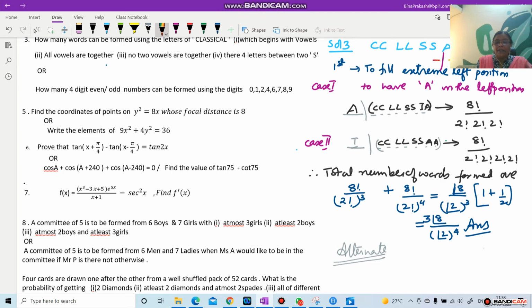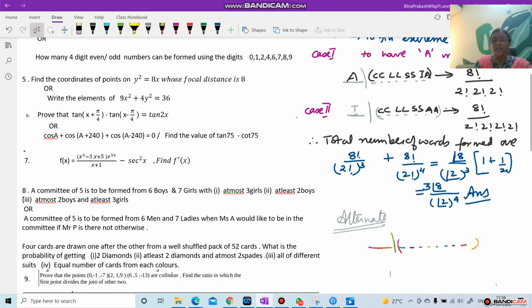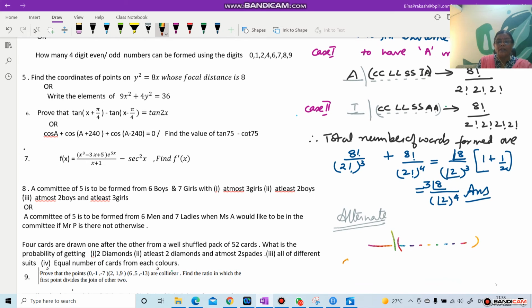We have identified that we have to fill in the extreme left by one of the elements A and I. So we assume that there are two different A's. In that case, how many choices do we have for the extreme left? We have three choices.